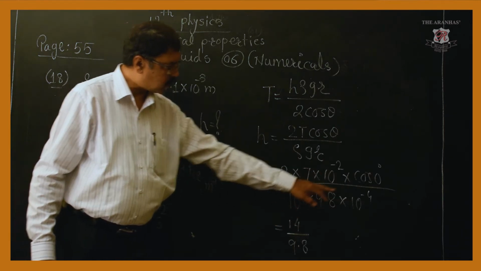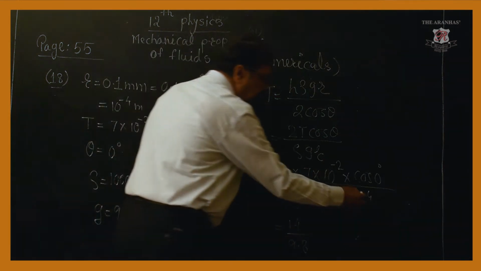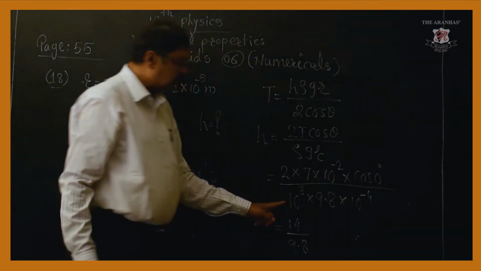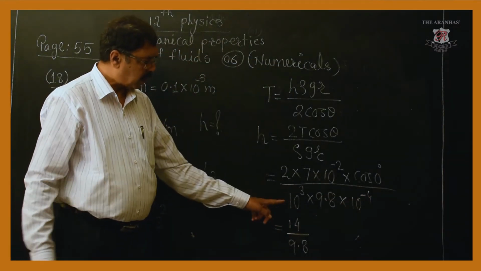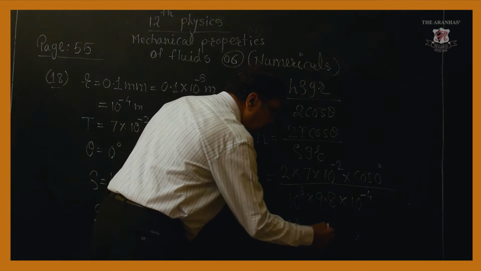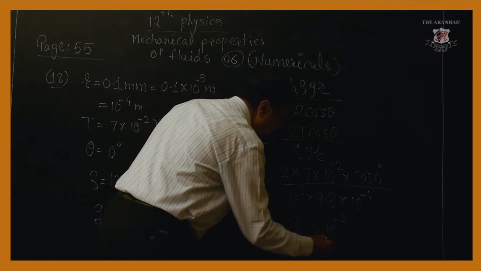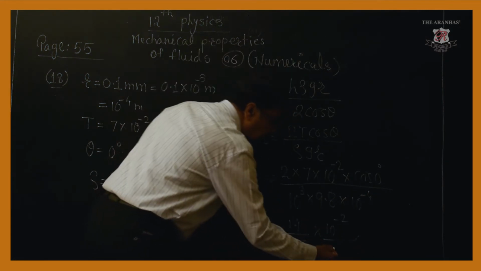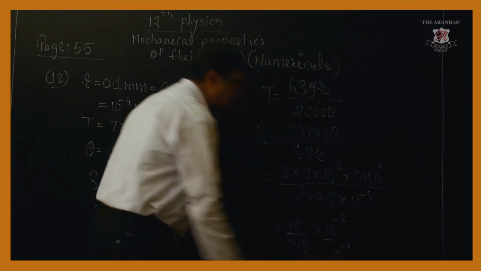In the denominator, 10 raised to 3 and 10 raised to minus 4. So what is going to happen here? Numerator 10 raised to minus 2, denominator 10 raised to minus 1.